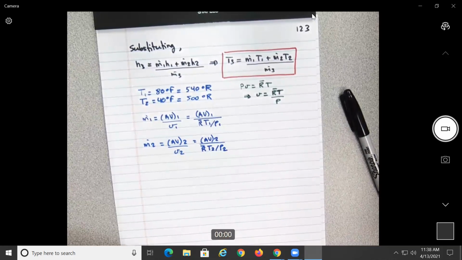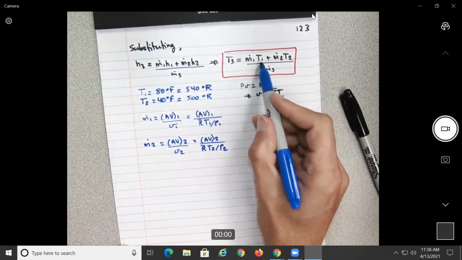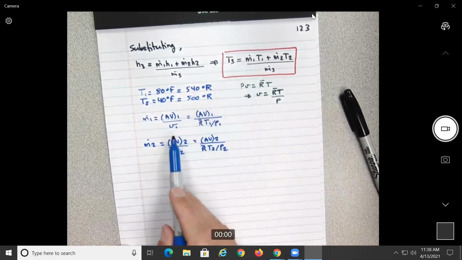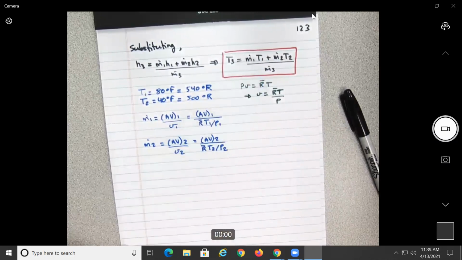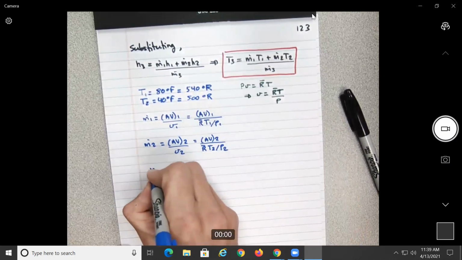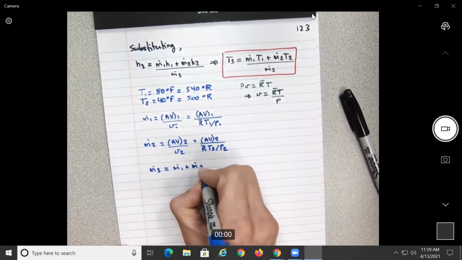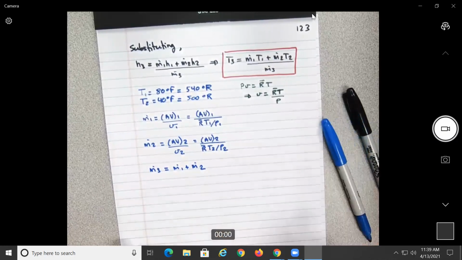So it looks like the T1 and T2 are going to cancel out, no? Once I substitute here, this would be A V divided by V, and the T1 here and the T1 will cancel out. Interesting. And then at the end, we'll know that M3 is just M1 plus M2. Pretty strange.